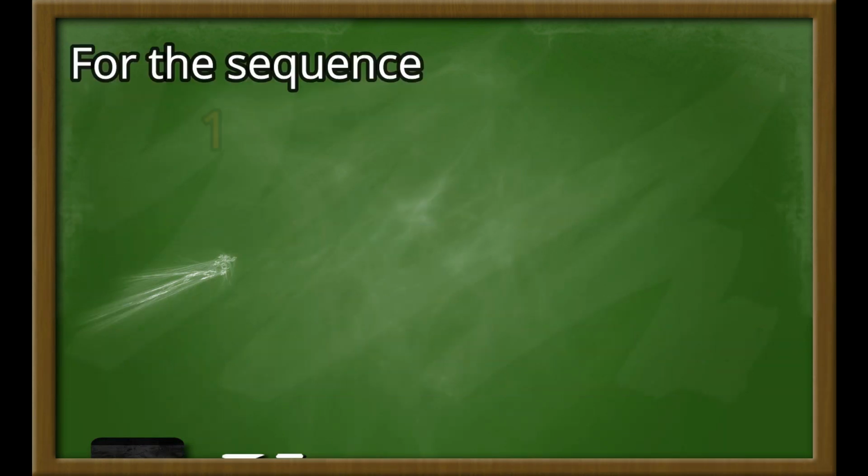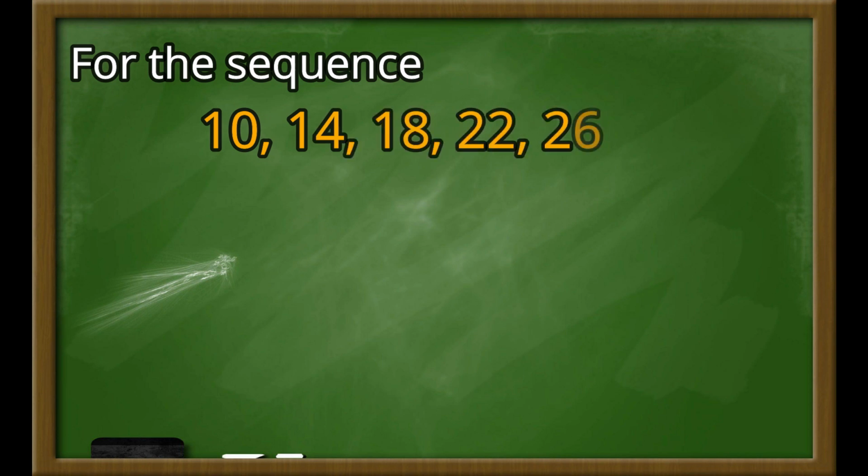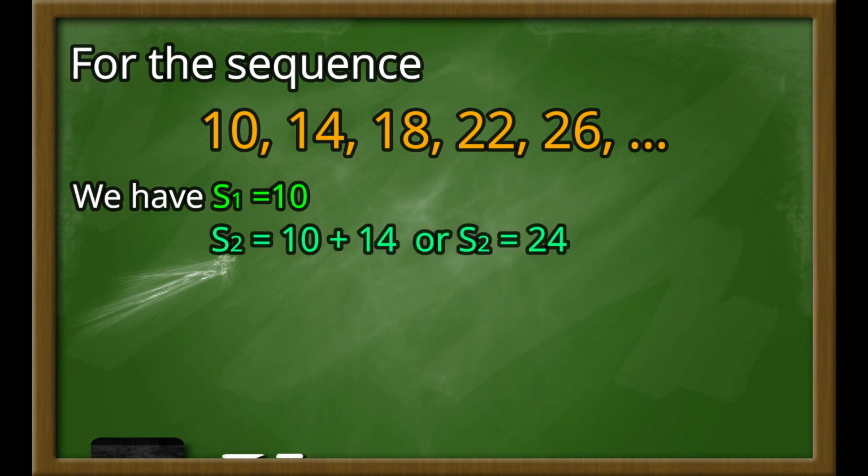For the sequence 10, 14, 18, 22, 26, and so on, we have the summation up to the first term as 10. We have the summation up to the second term, or S of 2, as 10 plus 14. Therefore, the summation up to the second term is equal to 24. We just add the first term and the second term.